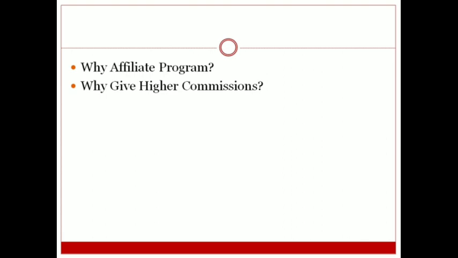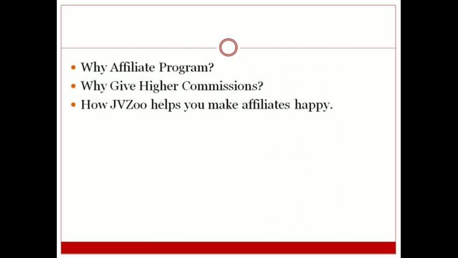So you want to make sure that you have a high converting program first, and if that's the case, then give people higher commissions. You can also give certain affiliates higher commissions for bringing in more customers. So definitely make your affiliates happy, make them feel valued, and reward them if they are bringing a lot of sales to your product.